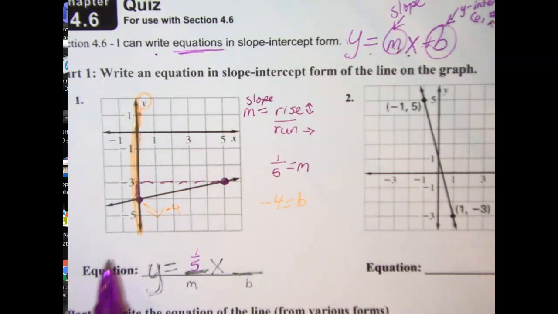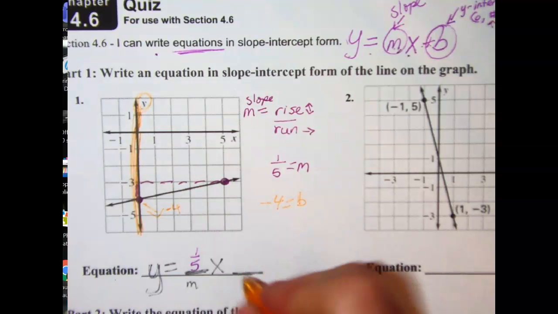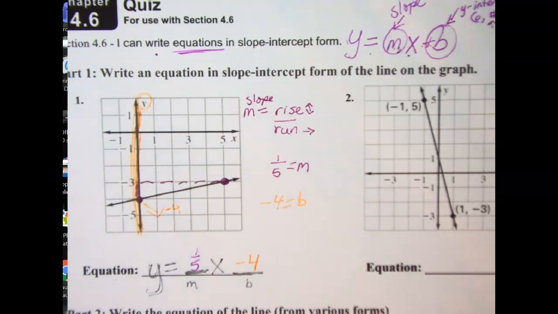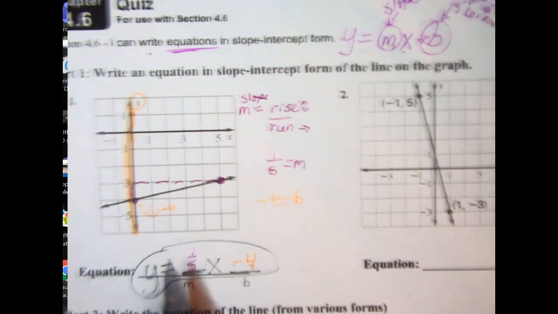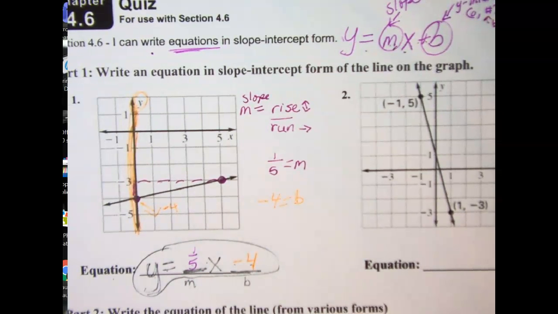So now it's y equals 1/5 x, and then my b is minus 4. So I have an equation now. It says y equals 1/5 x minus 4. This is how I write my equation from a graph.